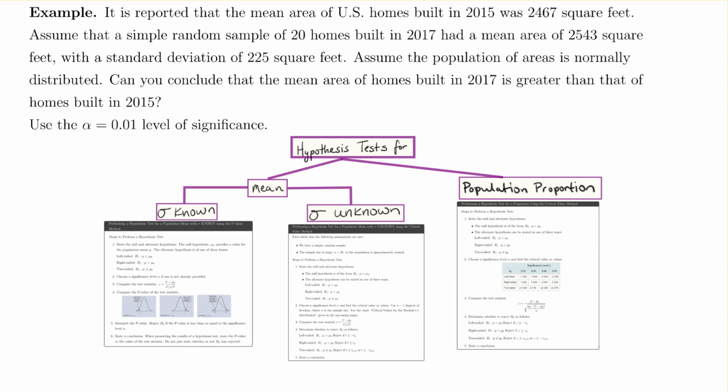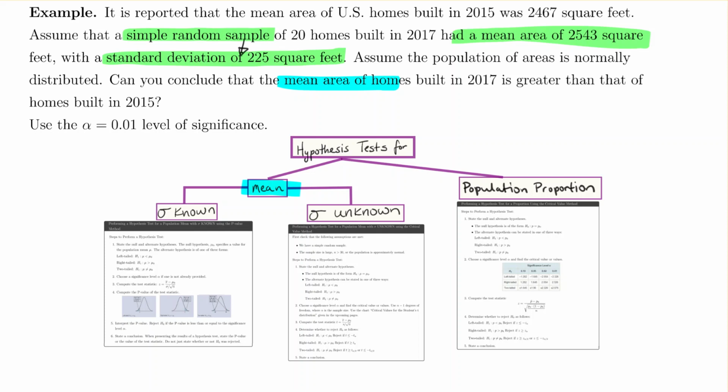So some key things that jump out to me is the question that I'm interested in is mean area. So from that, I know I'm dealing with a hypothesis test for the mean. Now reading that further, we can see that we're told that there's a simple random sample taken, and I'm given information about that simple random sample mean. So that's our sample mean. And then the sentence continues to give me information linking this standard deviation to the sample.